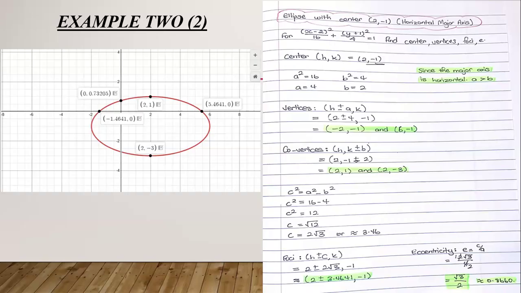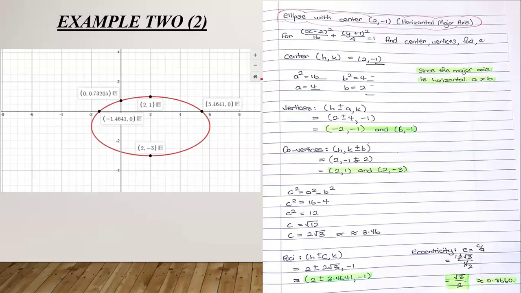So a squared is equal to 16, so that will give us a equal to 4. And b squared is equal to 4, which will give us b equal to 2. So the semi-minor axis is 2, and we have 4 and 2.